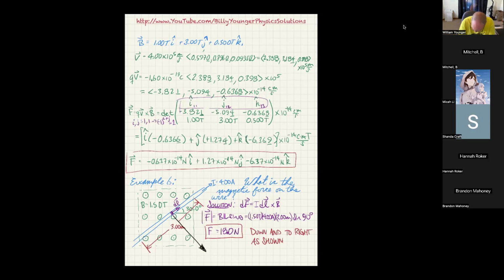Exactly, that works as well. Everybody see that now? So that's not too hard, hopefully. If you actually had a magnetic field that was tilted with respect to the wire, it'd be a little more complicated, but it's just a matter of figuring out what the angle is when you put the magnetic field vector tail to tail with the QV or the I dL vector.